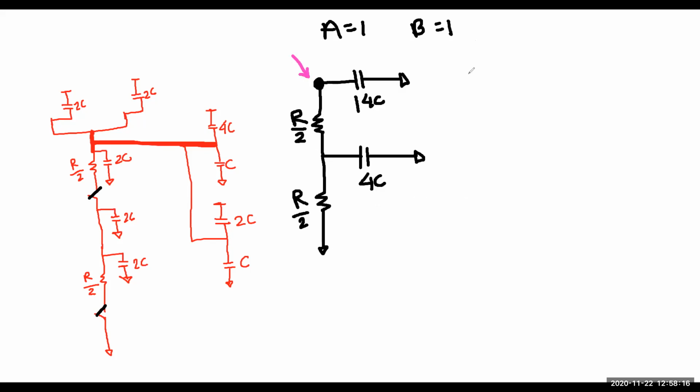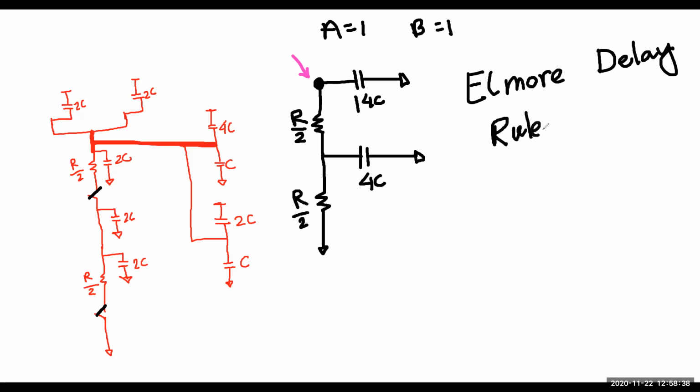Elmore, E-L-M-O-R-E, is a scientist's name. Someone says Elmore, someone says Elmore, it doesn't matter. If you face a problem like this, where resistors are not series because there is a capacitor, and capacitors are not parallel because there is a resistor, you can use the Elmore delay rule.